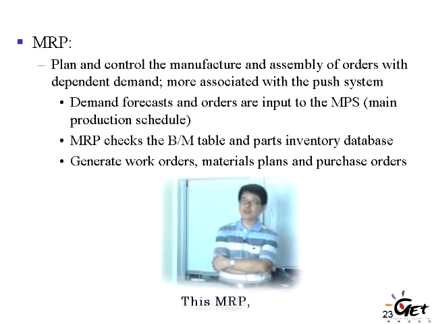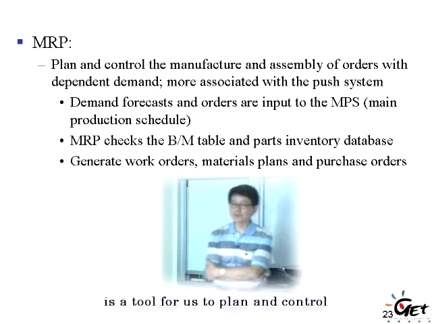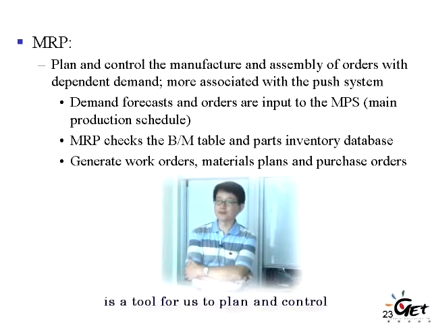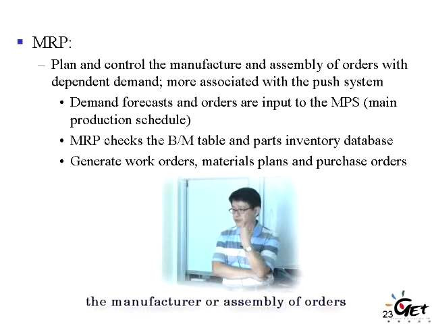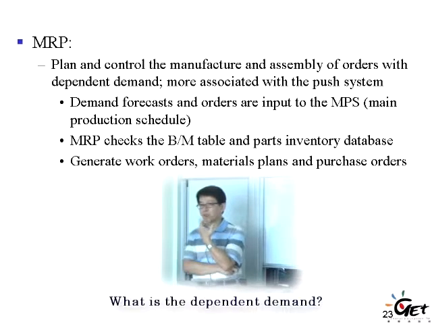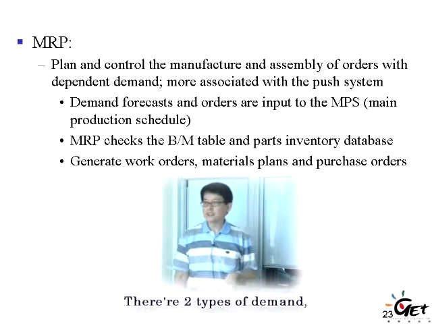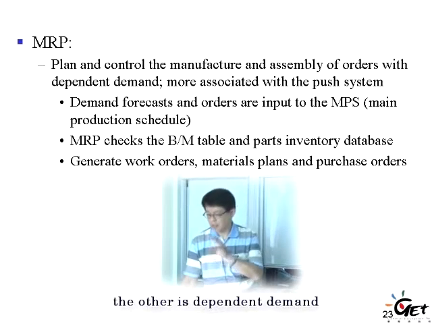This MRP, Materials Requirements Planning, is a tool for us to plan and control the manufacture or the assembly of orders with dependent demand. Okay, what is dependent demand? Okay, there are two types of demands. One is independent demand. The other is dependent demand.